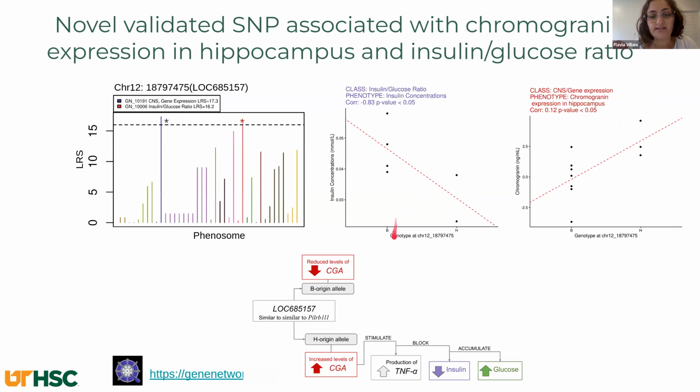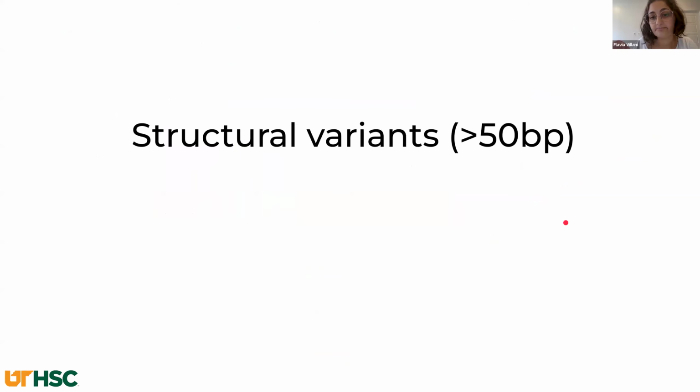And what we found is that it seems rats that have the H original allele have an increase of this level of chromogranin, which regulates the catecholamine storage and release, and it seems that variation affecting chromogranin stimulates the production of TNF alpha that blocks insulin, and this causes the accumulation of glucose. So this is what we see here.